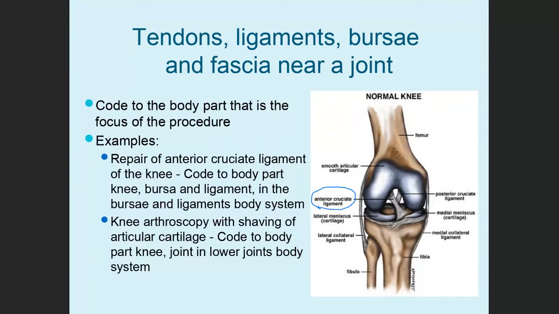Code to knee, bursa, and ligaments, because the point of it was repair of the ligament. And the second one, knee arthroscopy with shaving of articular cartilage, that's a joint. So that would be coded in the lower joints of the knee, because articular cartilage is part of the joint. So what is the point? What are they trying to do? That's what determines which one of these body systems will be used.